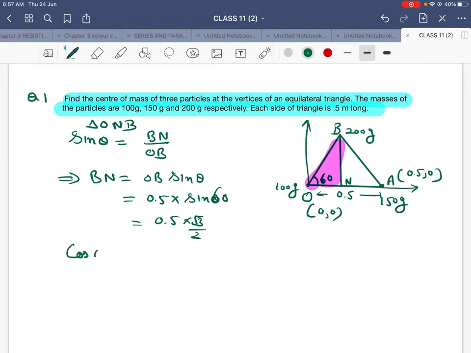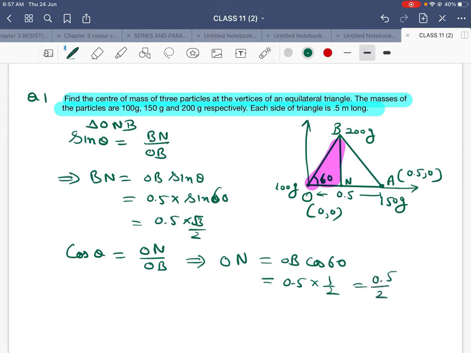Similarly, cos theta is equal to ON divided by OB. From here we find ON, the x coordinate of point B, which equals OB cos 60 degrees. OB is again 0.5, and cos 60 is 1 by 2, so that is 0.5 divided by 2. This is the x coordinate of point B. So B has coordinates, by dividing we get 0.25, and by solving the other we get 0.25 root 3.